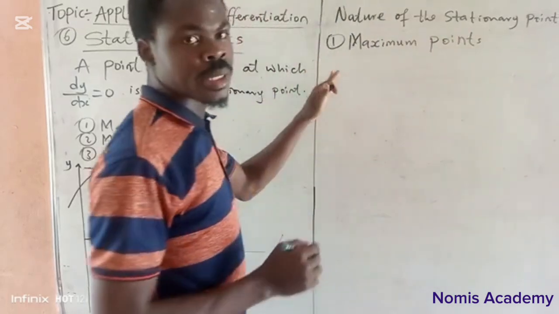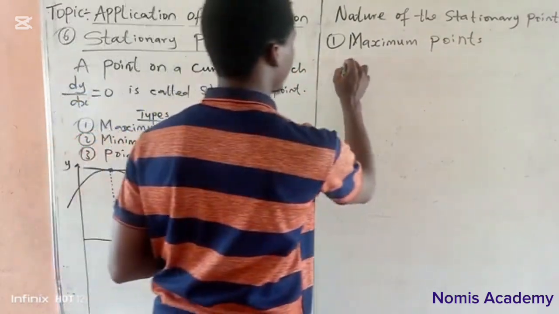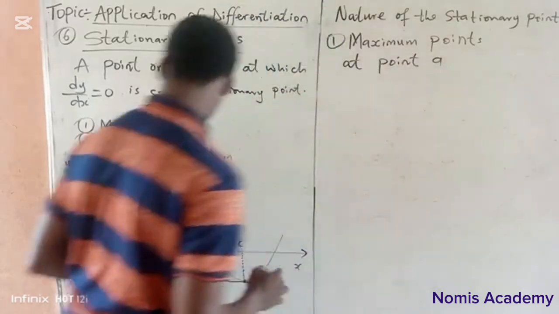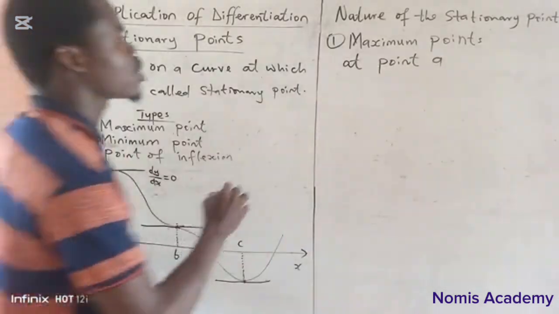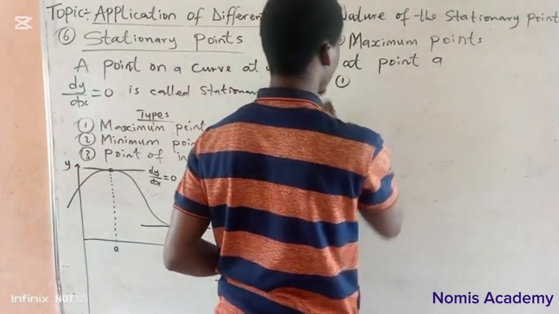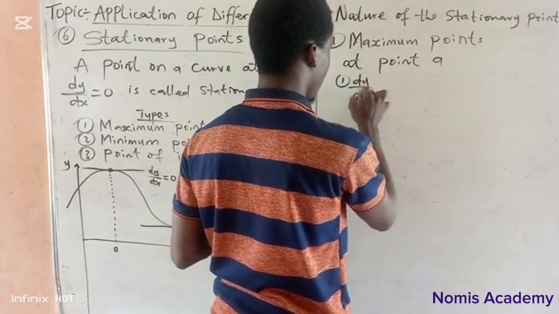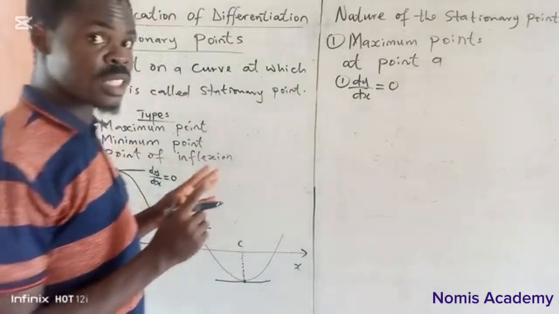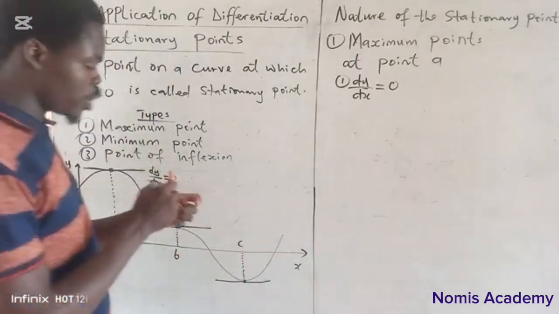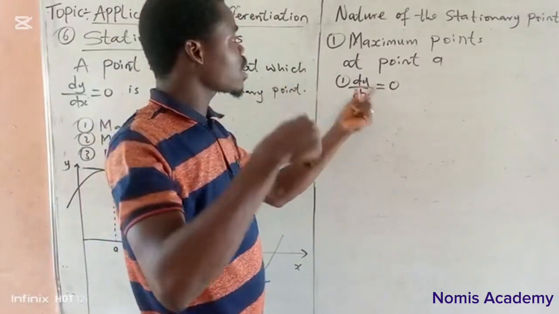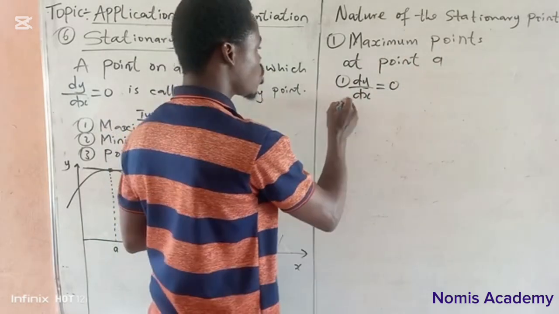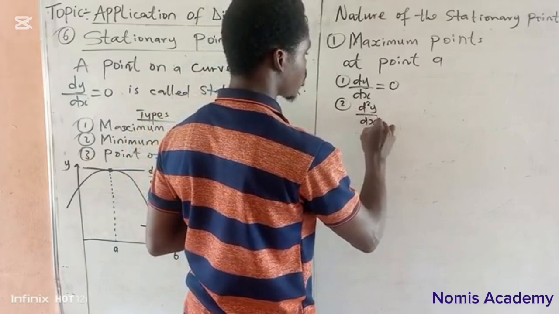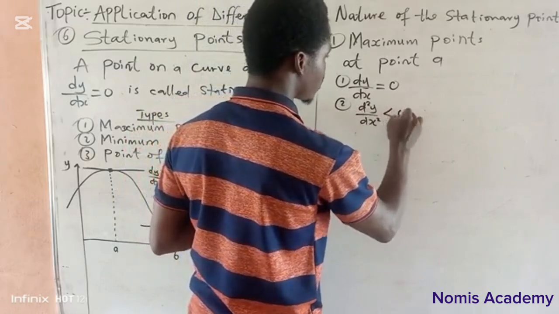At point A, take note, the first condition is that dy/dx is equal to 0. Now, to be sure that that particular point is a maximum point, the second condition is that d²y/dx² must be less than 0.